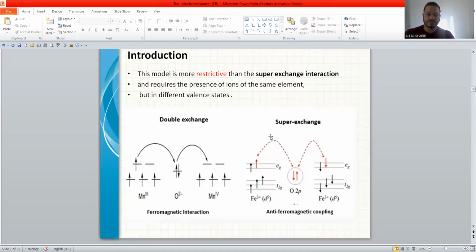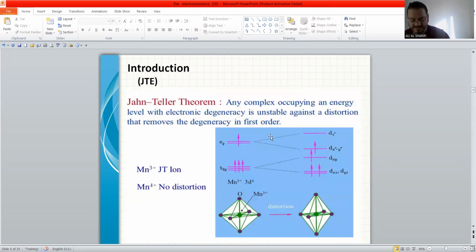Let's take another look at the next slide here. Let's start to explain the Jahn-Teller theorem. It's important because all of them try to explain to us the magnetic properties in the manganites and other characteristics. Jahn-Teller theorem: any complex occupying an energy level with electronic degeneracy is unstable.